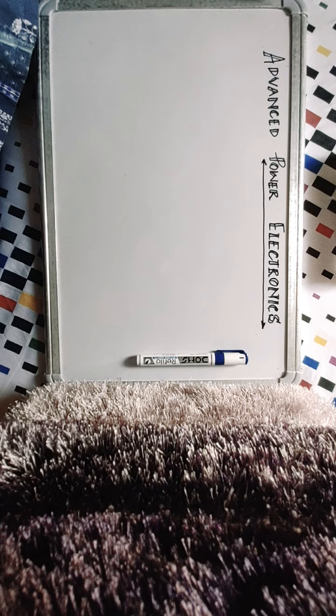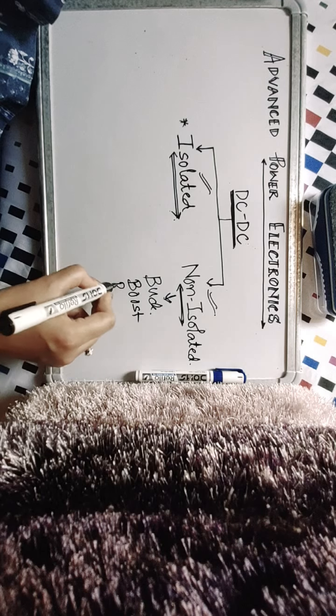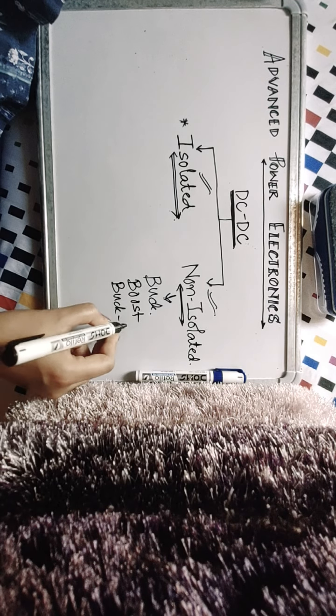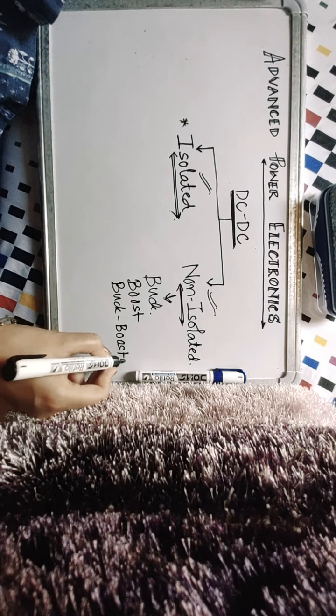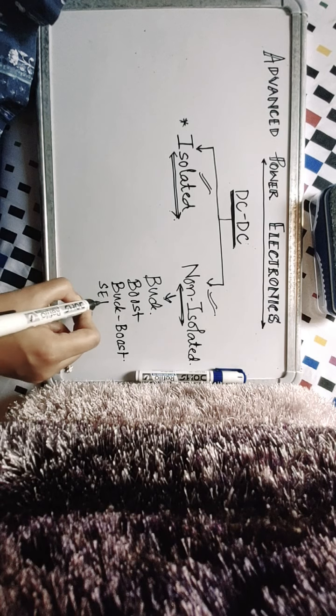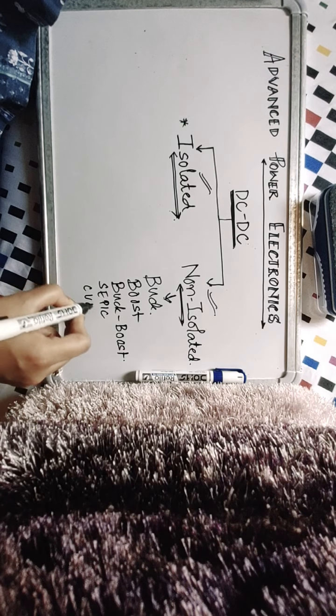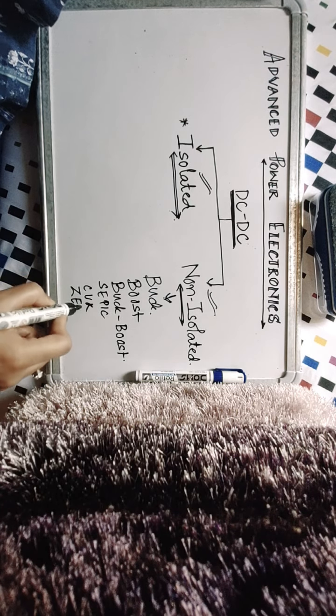So let's begin with the non-isolated DC to DC converters, which are buck converter, boost converter. You have buck boost converter, and then there are other converters called SEPIC, Cuk, even Zeta.